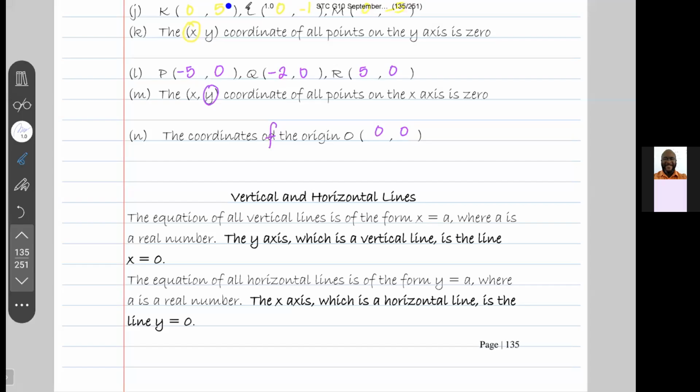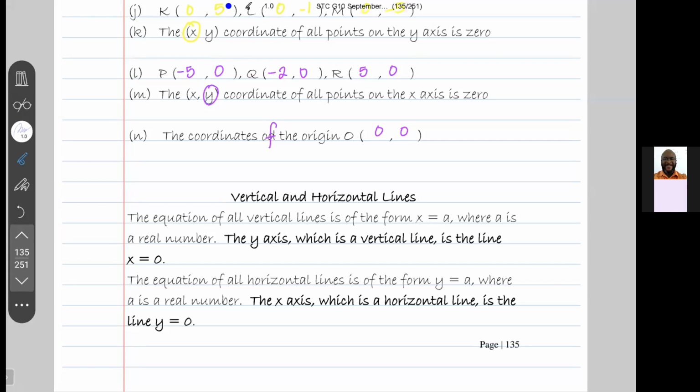All right, guys. So let's start talking about vertical and horizontal lines. Here's what this says. The equation of all vertical lines is of the form x is equal to a. Guys, every line you draw on a graph sheet has an equation associated with it.